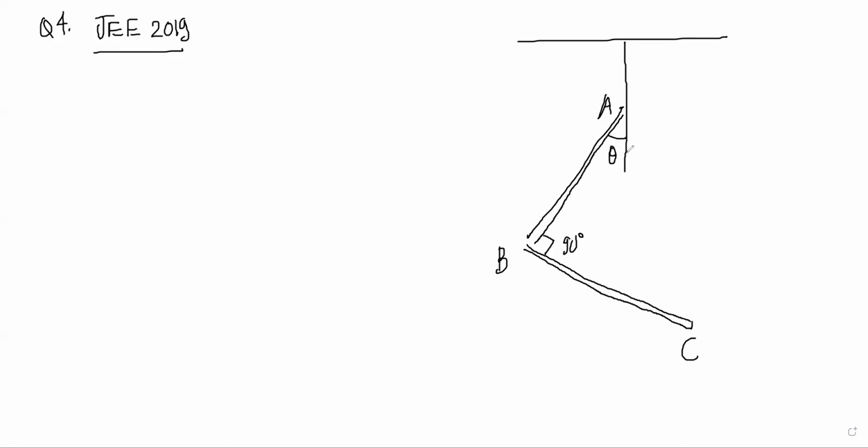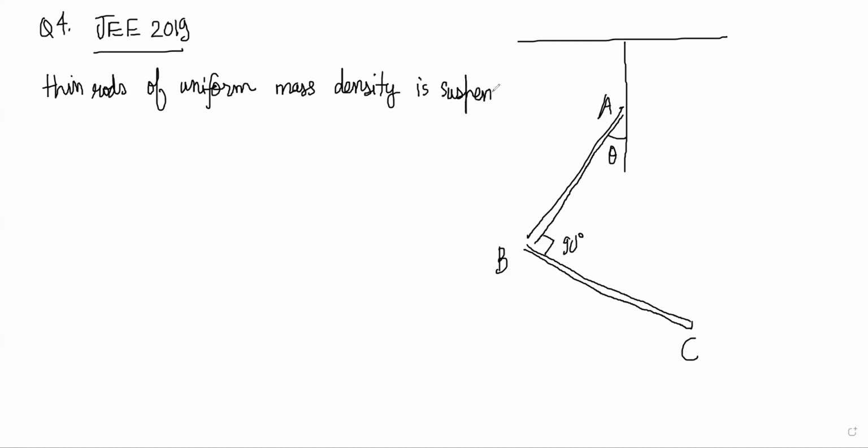Now the question is saying an L-shaped object made up of thin rods of uniform mass density is suspended from a string as shown.